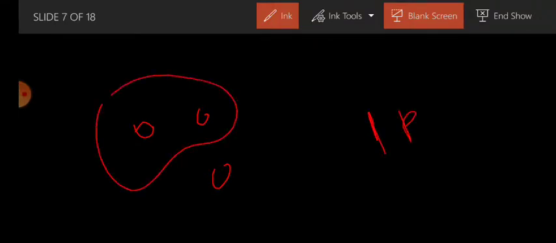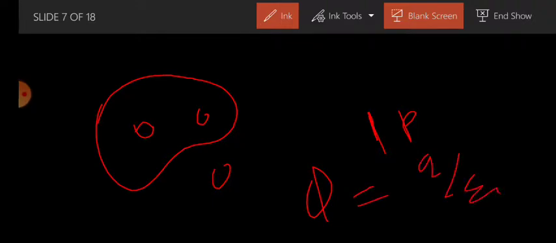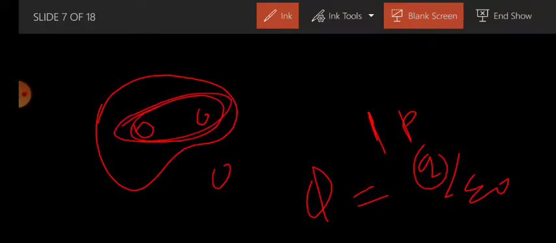What does it mean? Suppose you have charges like this, and you want to find the flux at this point P, and the Gaussian surface you have drawn is like this, only around these two charges. According to Gauss law, when you write phi, that will be equal to Q upon epsilon 0, where Q is the net charge enclosed in that Gaussian surface.